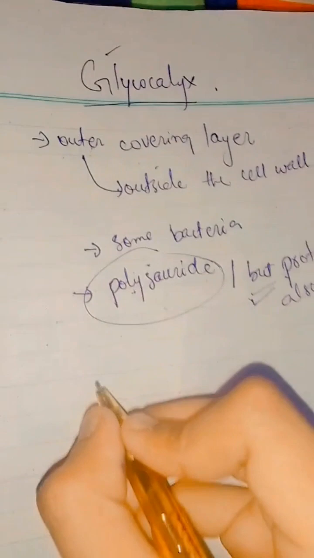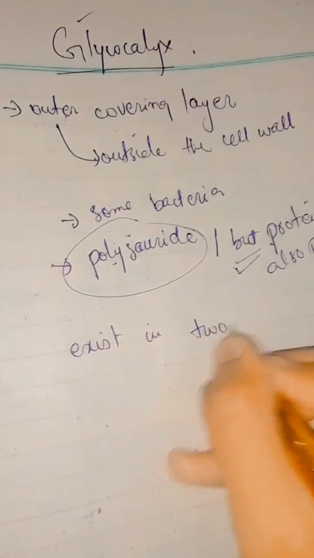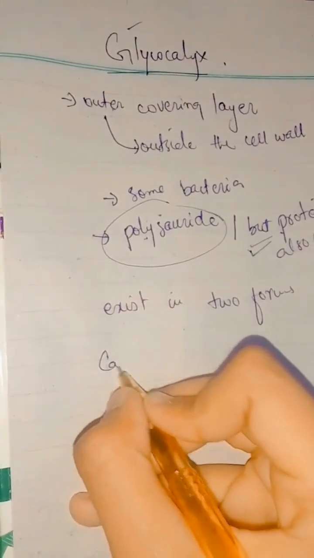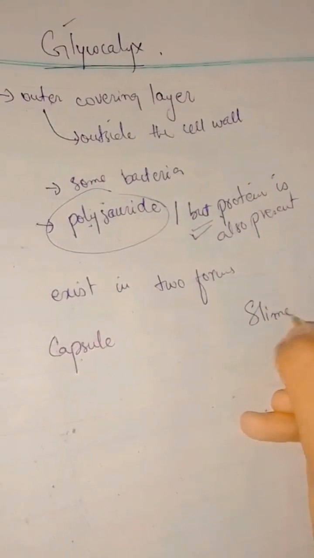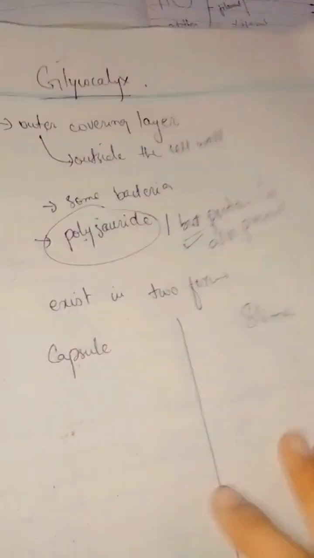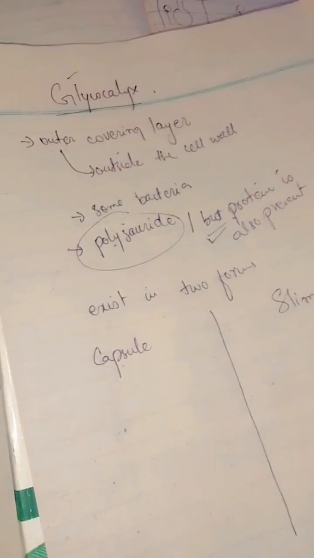Then, as I said, it exists in two forms. First is capsule and second is slime. Let us discuss the difference between these both. They both are attached with the glycocalyx.